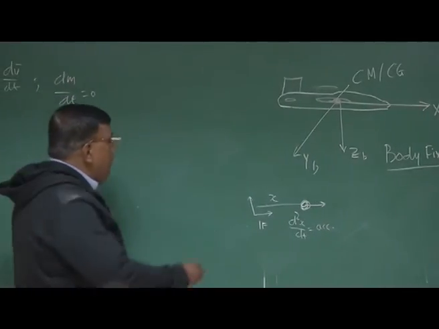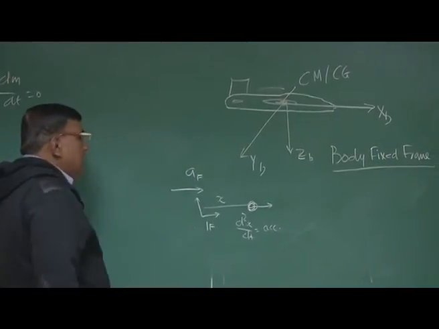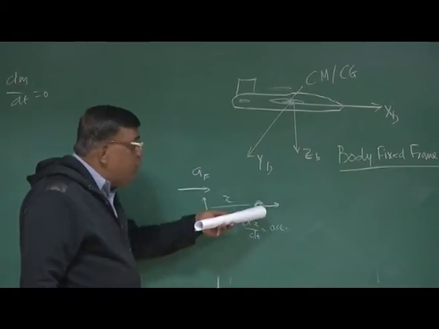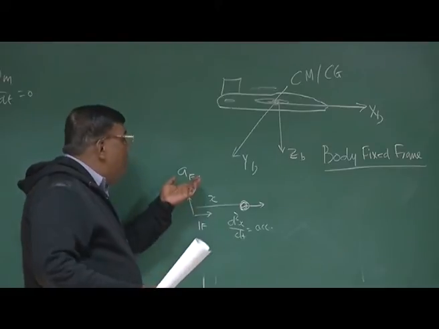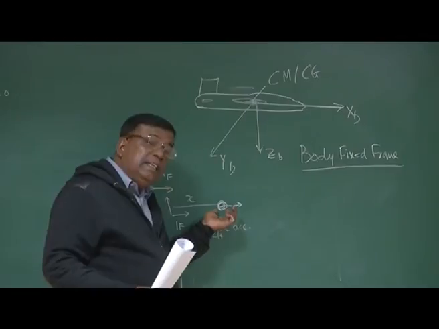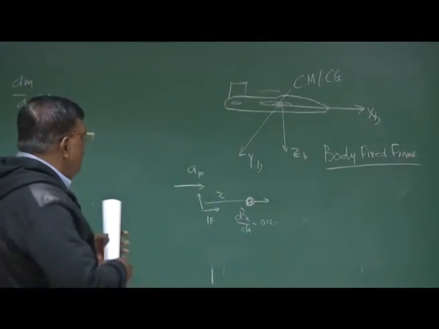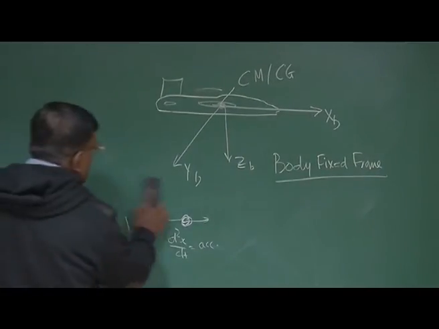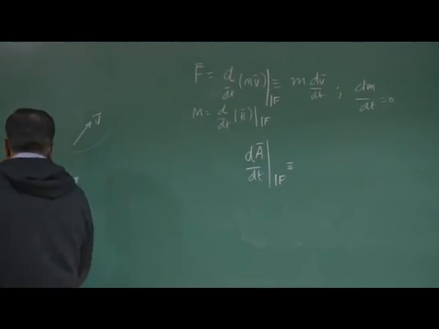But now, if this frame itself is accelerating, let's say with some acceleration, then whatever acceleration you are measuring with respect to this frame will not be the true acceleration. So what is the best way to get the true acceleration? If I know the frame acceleration, somehow I should absorb it and correct this acceleration. Then I should get it. With this philosophy, we will now try to see how mathematically this problem can be handled through the definition of a vector in rotating frame.